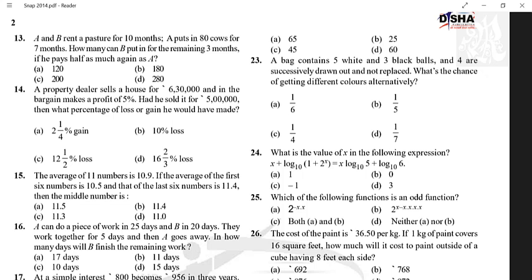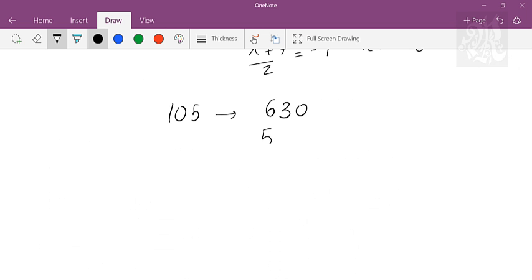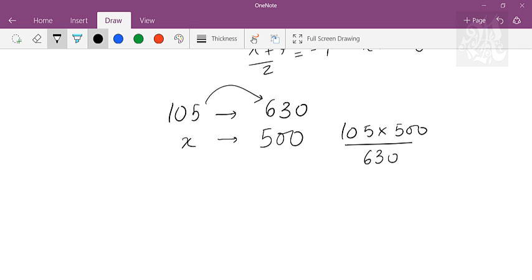And you're saying that if he sold it for 5 lakh, then what is the percentage loss he would have made or profit would have made? So 5 lakhs, again ignoring zeros, 500 is how much? If you notice, this is into 3, this is into 6 times. So basically it will be 105 into 500 divided by 630. Simple as that.